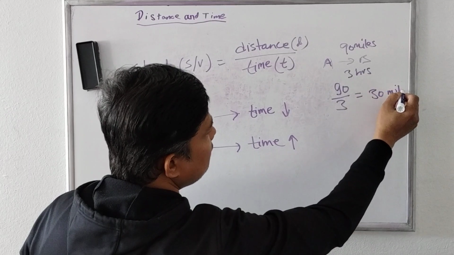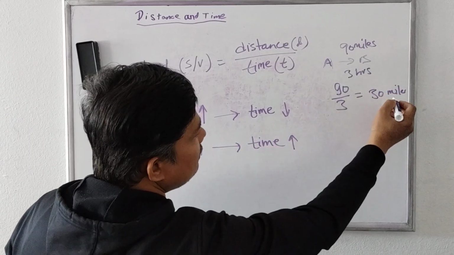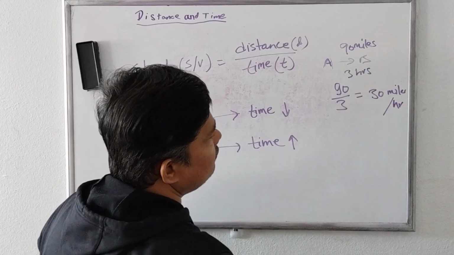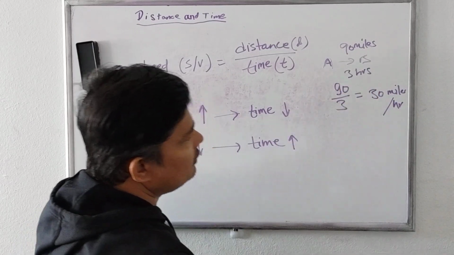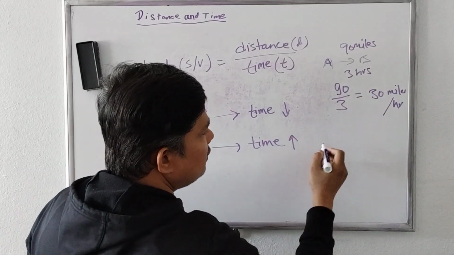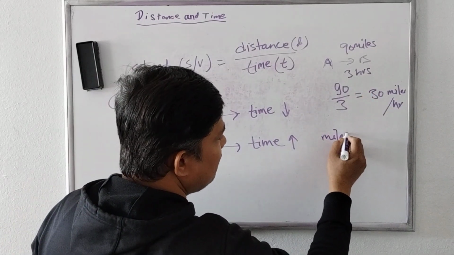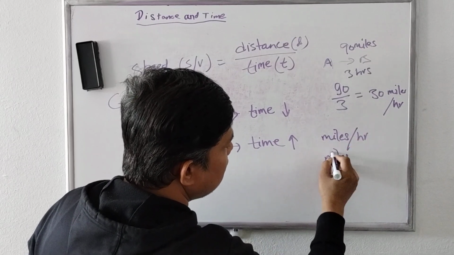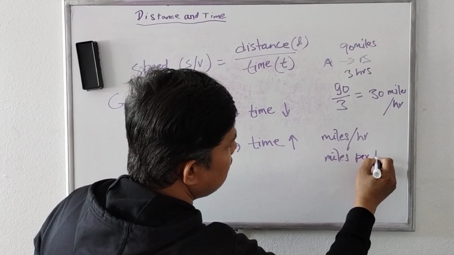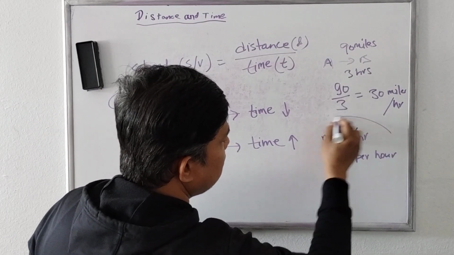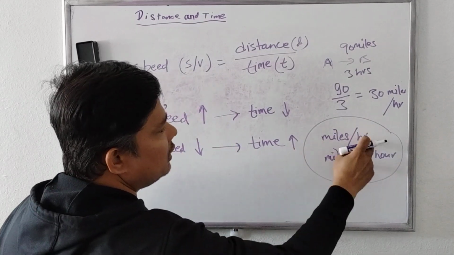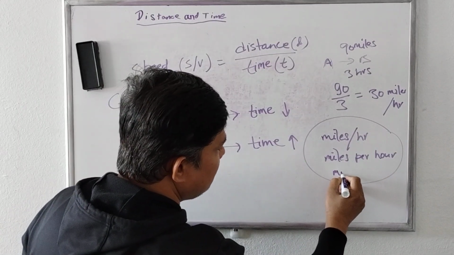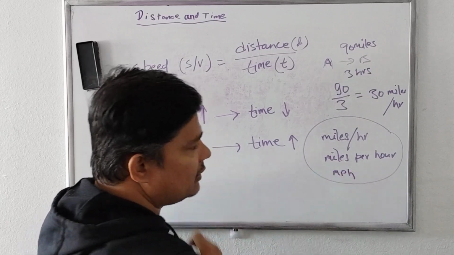And what will be the unit of speed? That will be the unit of distance divided by the unit of time. So miles per hour. Either you can write it like this, miles per hour, or sometimes people write the shortcut mph.